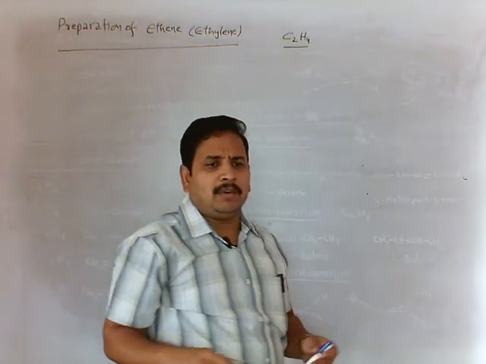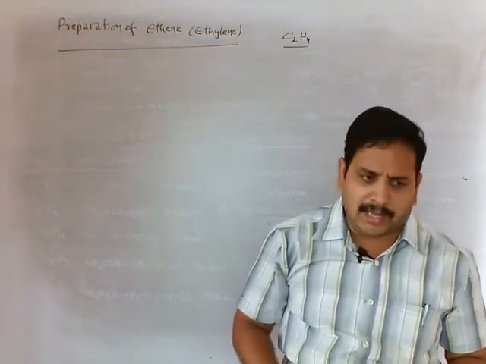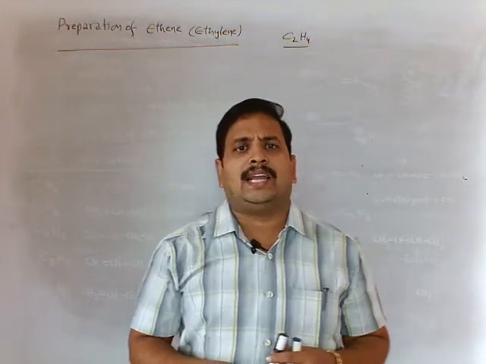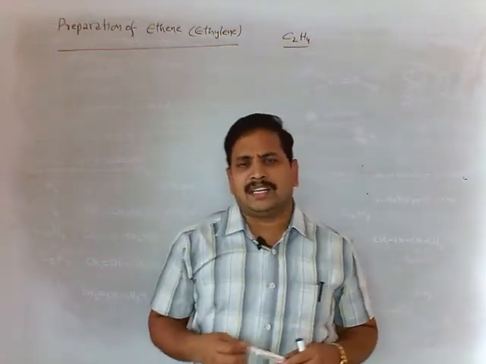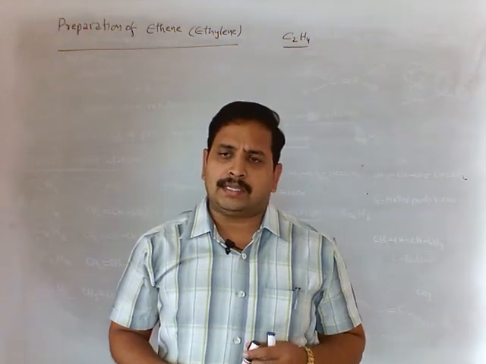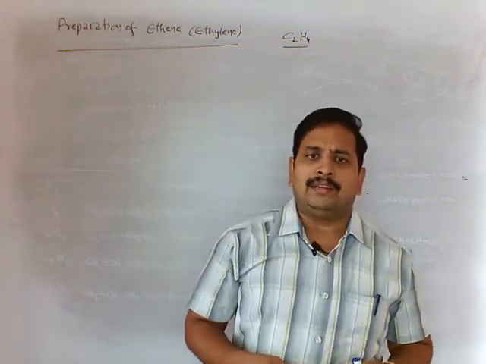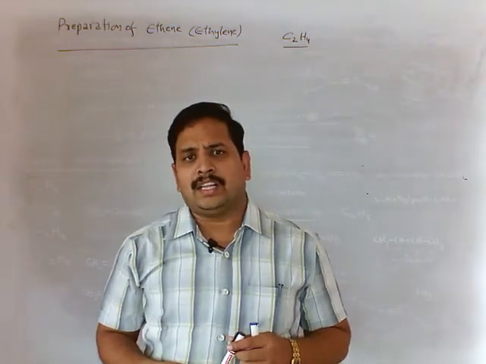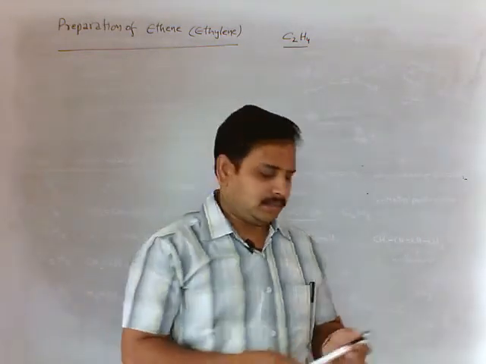We have a laboratory method, that is dehydration of alcohol, ethyl alcohol, with concentrated sulfuric acid. At 170 degrees Celsius we get ethene. The gas formed is collected by downward displacement of water.